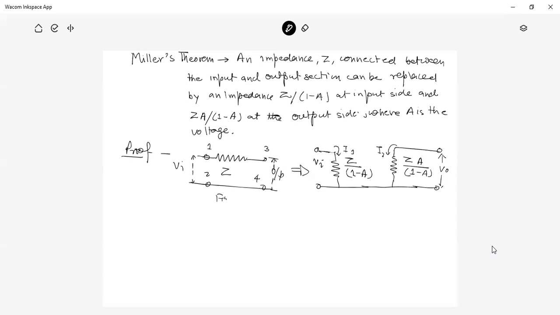So this is the first circuit, that is A, and here is the second circuit, B. Suppose current I1 is flowing in the input terminals.